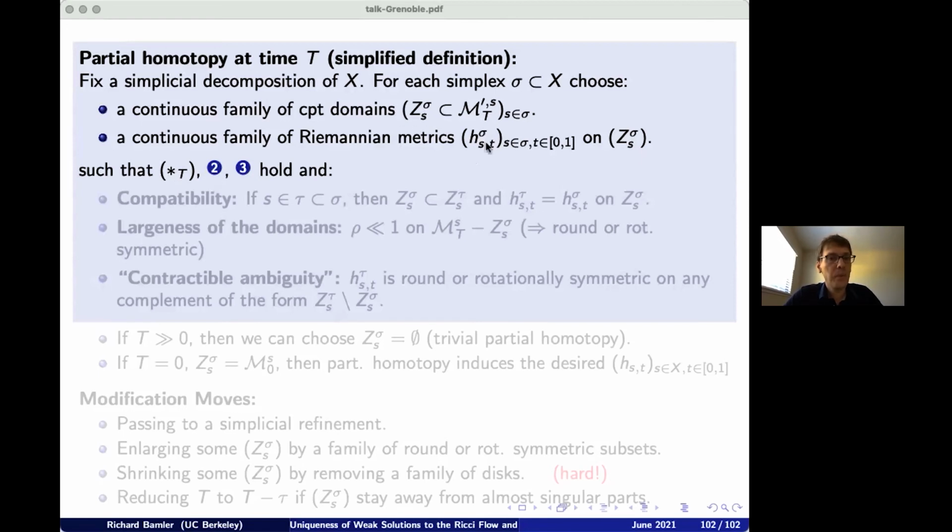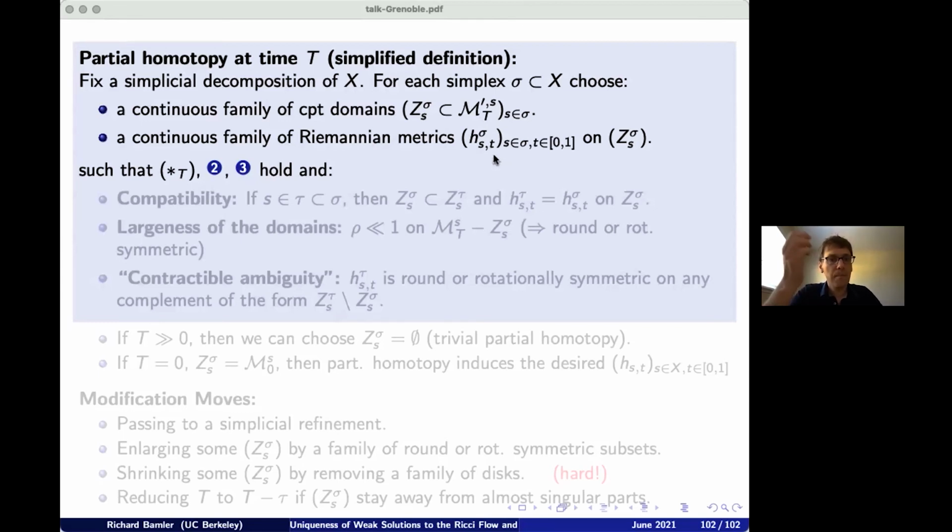Again, we want H sigma S comma 0 to be equal to the metric at time T restricted to this domain. And 2 meant that H S 1 should be locally conformally flat, so this still makes sense. And 3 was that if M prime was round, then so is H S T. So this also still makes sense.